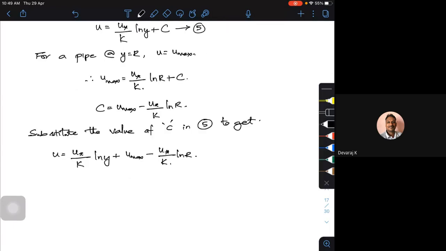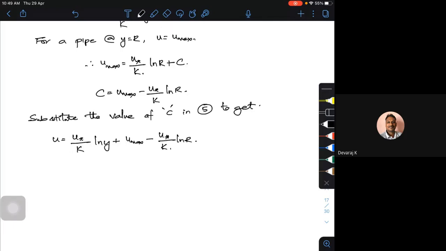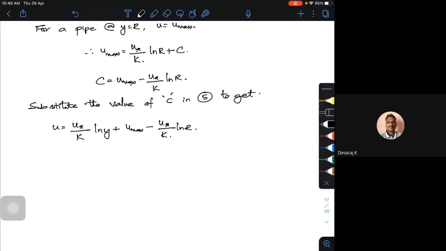Now u star by k into ln of y minus u star by k ln of r, I can write as u star by k into ln of y by r. So this equation I can write as u is equal to u max plus u star by k into ln of y by r.